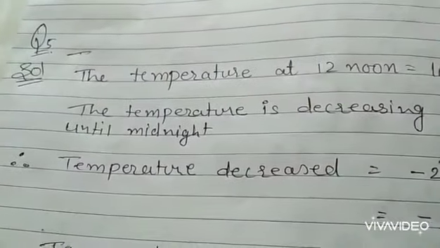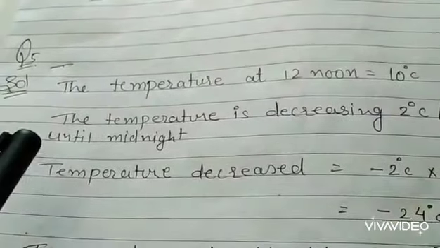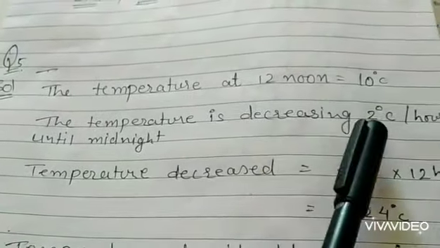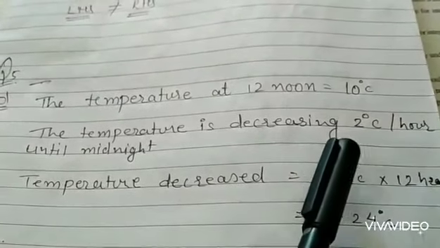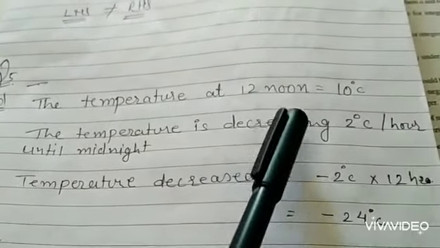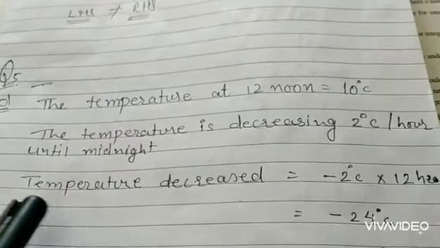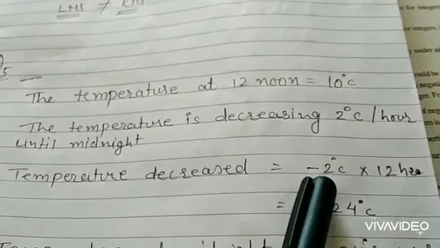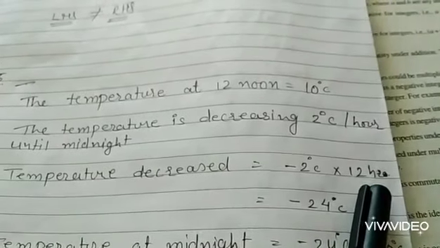For this, firstly we will write the temperature at 12 noon is given as 10 degrees Celsius. The temperature is decreasing 2 degrees Celsius per hour. So until midnight, from 12 noon to 12 midnight, it will be 12 hours. So the temperature decrease will be minus 2 degrees Celsius multiplied by 12 hours.